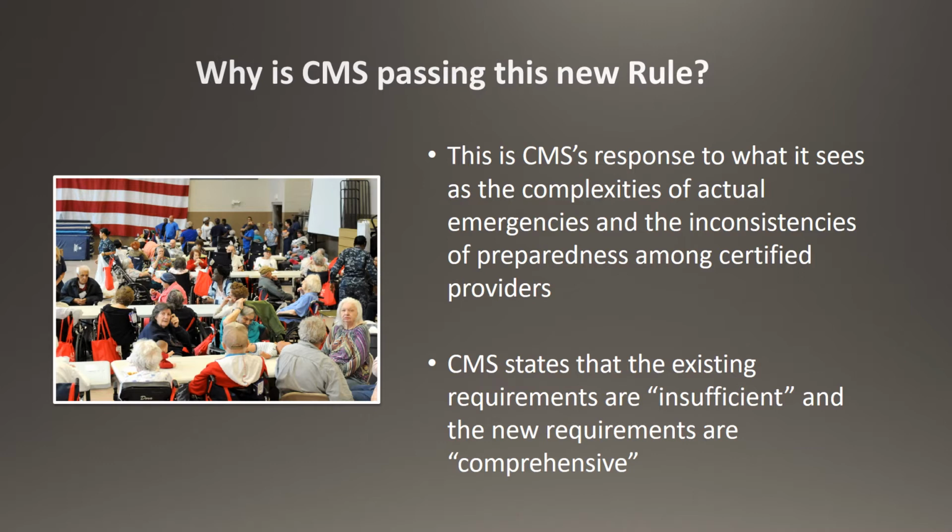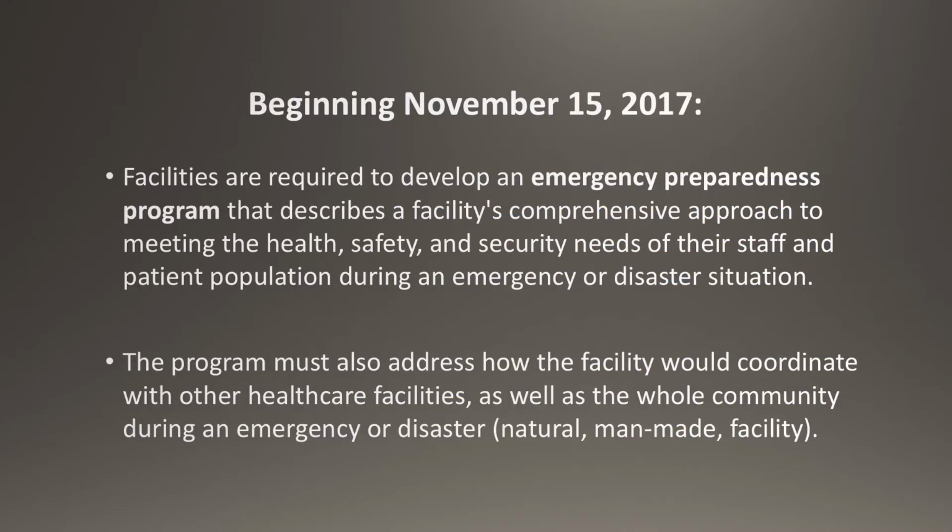Because of events like Hurricane Katrina, the Oroville Dam failure, and Superstorm Sandy, it shows that we have a lot of work to do to get prepared for disasters in the future. So they are looking for a more comprehensive plan from SNFs, and these requirements are what they expect you to do.